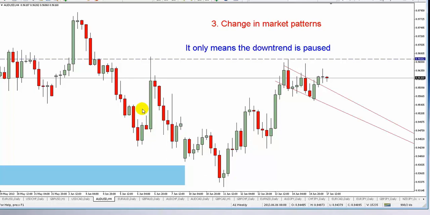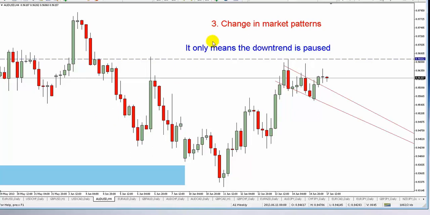That just means that the downtrend or the uptrend is paused. Same thing when we look at the higher time frame. Doesn't mean it's going to rip off 2,000 pips in the other direction. It only means that the downtrend or the uptrend is now paused, and at the very least it's in a retracement phase, but it certainly isn't continuing in the direction of the trend.